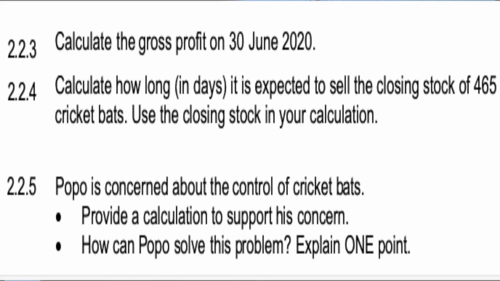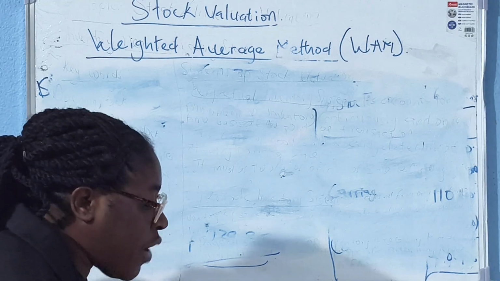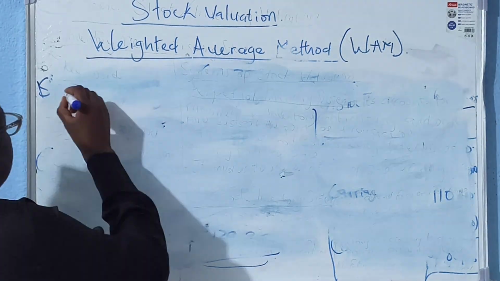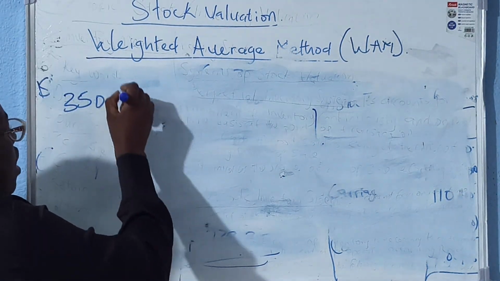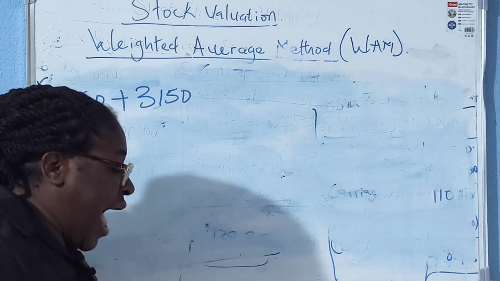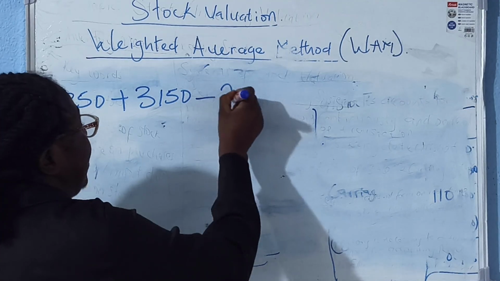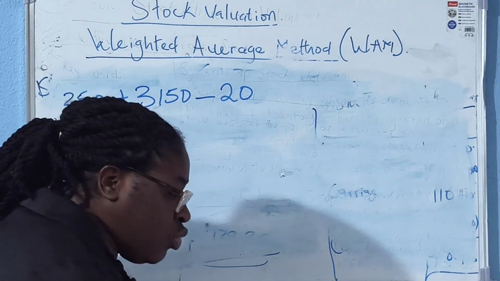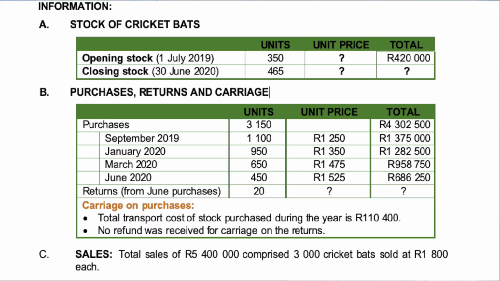In doing that, we are looking at the units. Now, the unit of our opening stock was 350. We had 350 at the beginning of the year. Then we purchased 3,150 stock during the year. And then we returned 20 stock. And then we sold 3,000 stock.